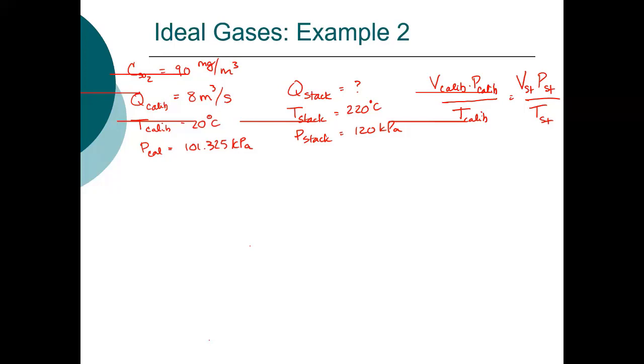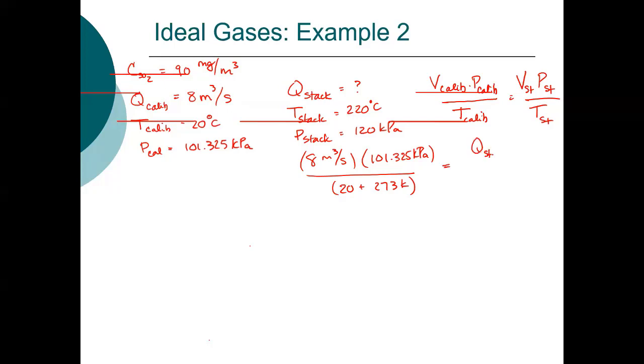So we have the volumetric flow rate of 8 cubic meters per second times the pressure divided by the temperature, and we need to convert to Kelvin, and that is equal to, in this case, Q stack.